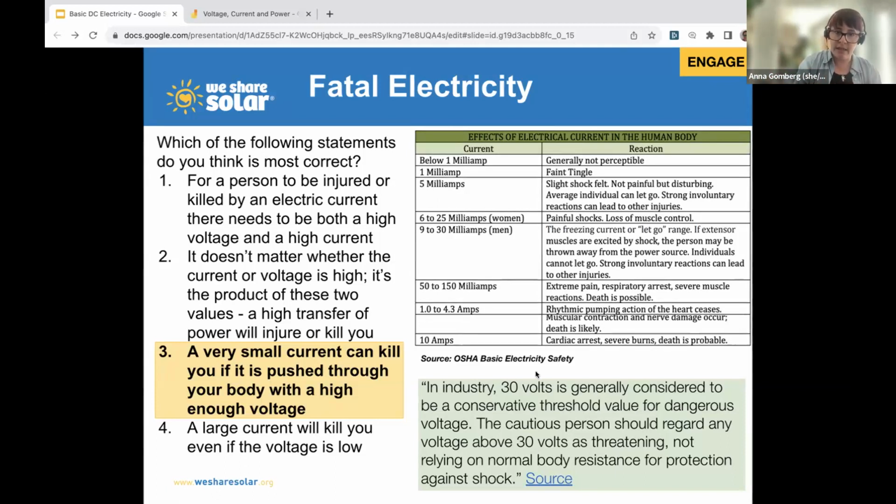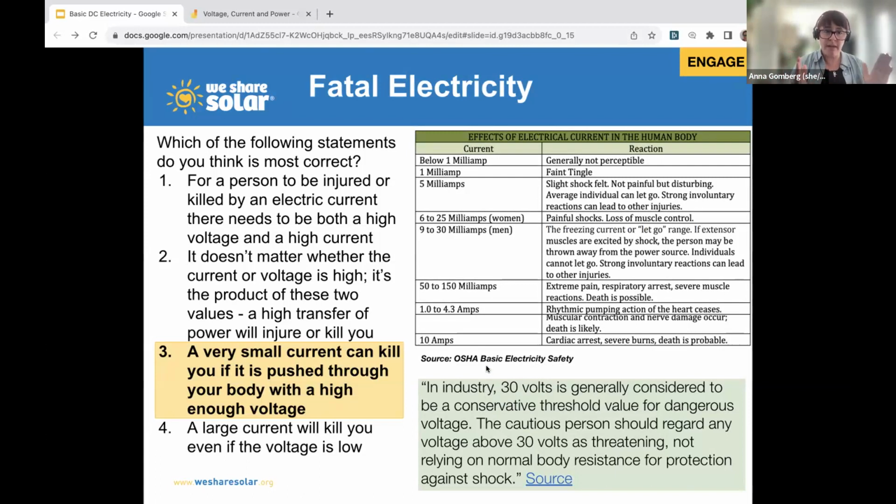So this is from OSHA, basic electrical safety. A statement I found was that 30 volts is generally considered to be dangerous. So when we're thinking about our solar systems, Kanisha, I know you've just kind of seen them, but Phyllis, you built them a few times, right?